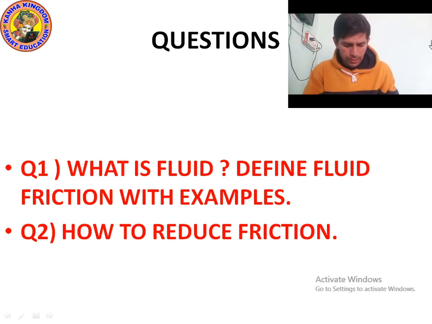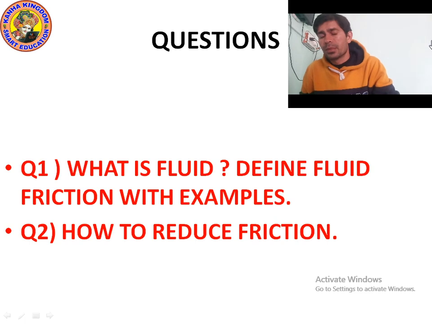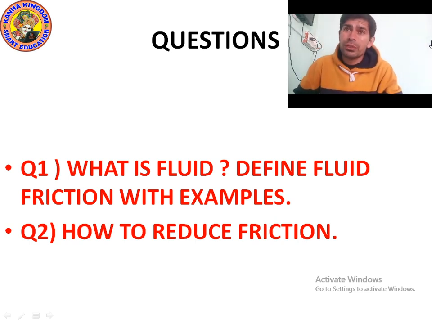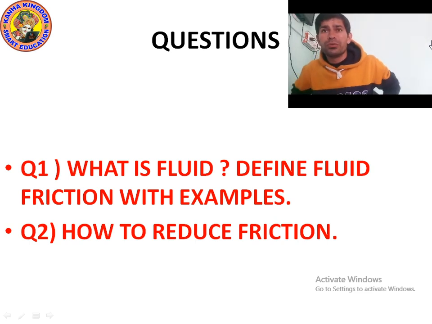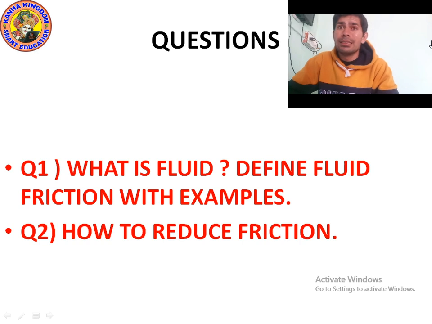Friction can be reduced by increasing the smoothness. Friction can be reduced using different things, like using lubricants like powder, oil and grease, or using rollers or wheels, or using ball bearings.